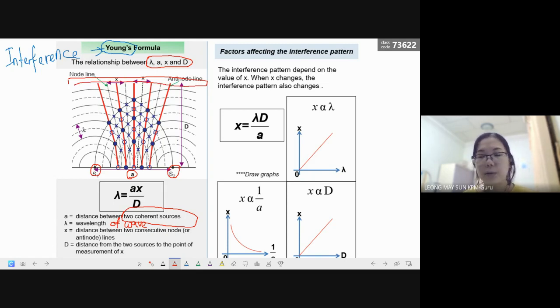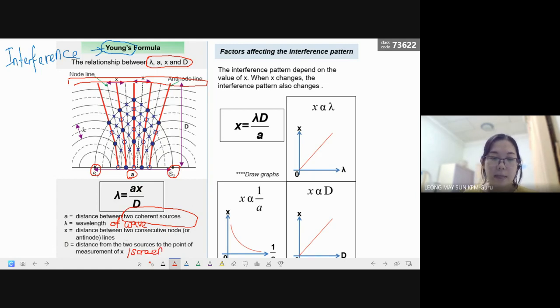In a short while, I'll use back the simulation to show you guys. After that, D, it cannot be small d, cannot be capital A, cannot be capital X. It has to be small a, small x, and capital D. So capital D is the distance between the source to the point of the measurement, or the screen.